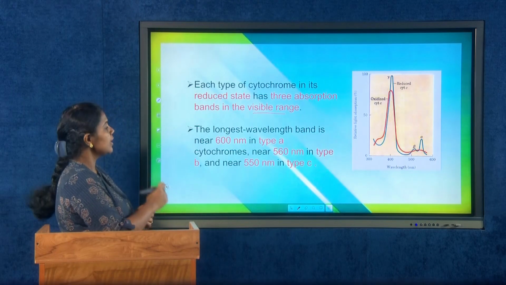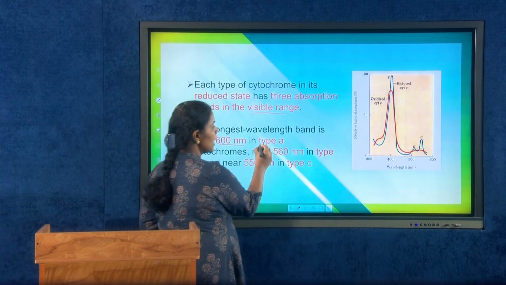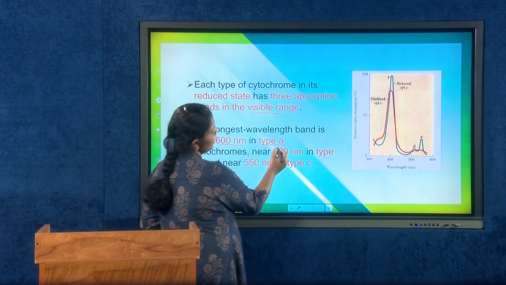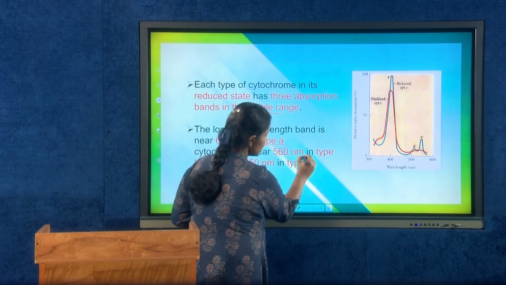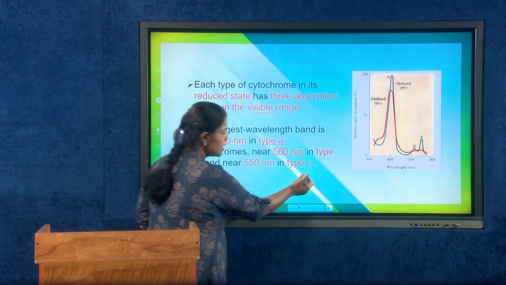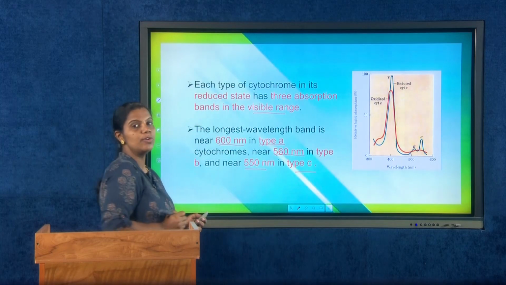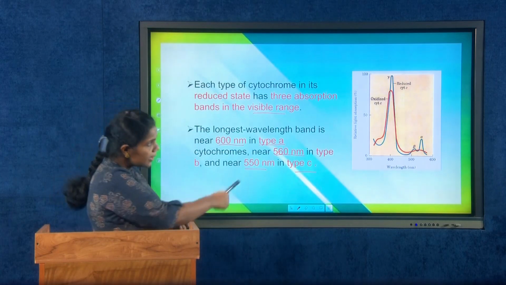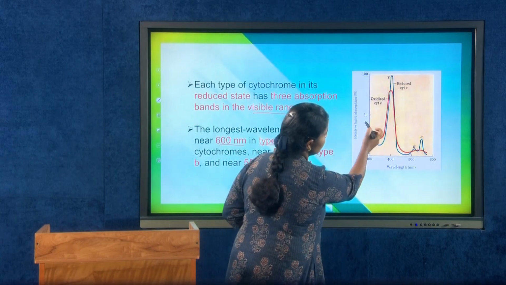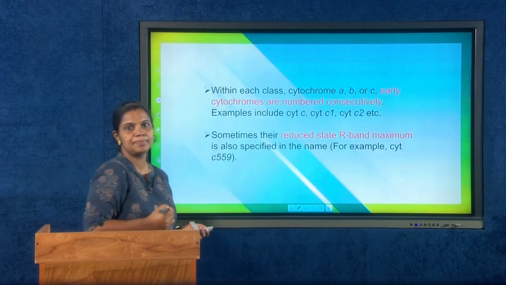The longest wavelength band near 600 nanometers corresponds to the type A cytochrome. The absorption of cytochromes at 560 nanometers is type B cytochrome, and type C cytochromes have an absorption maximum at 550 nanometers. Here you can see the absorption spectrum of cytochrome C in the reduced state and oxidized state.